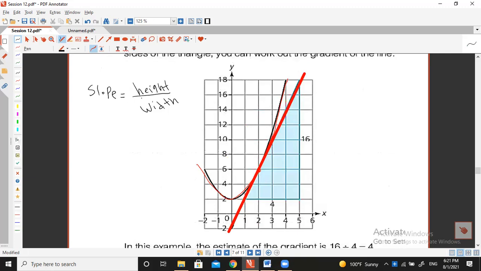What does it mean, height over width? You need to pick any two points on the line, any two points on the line.